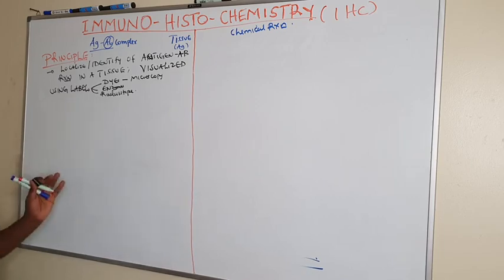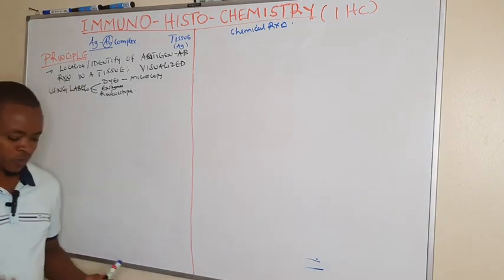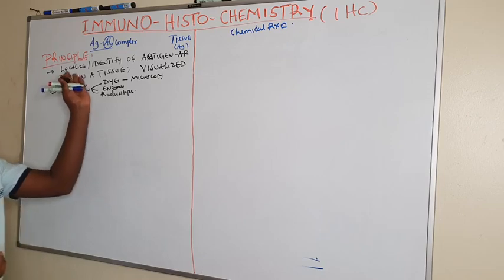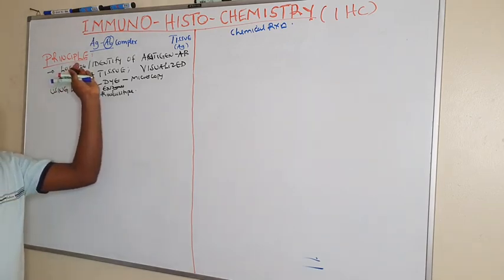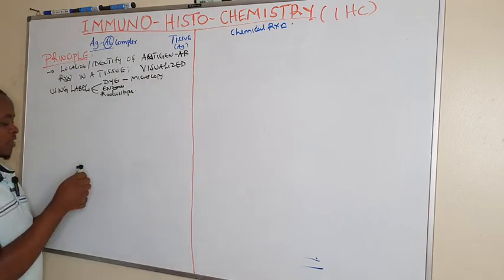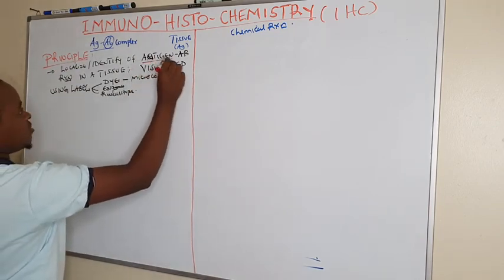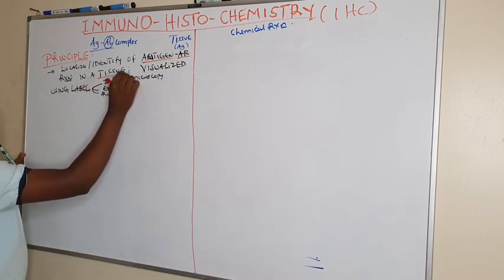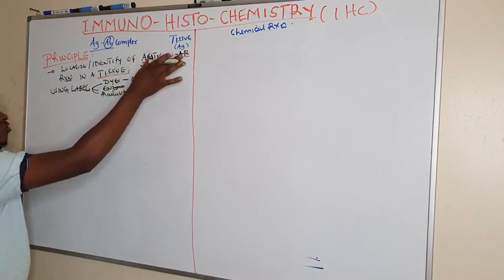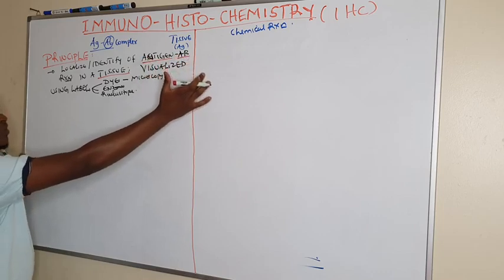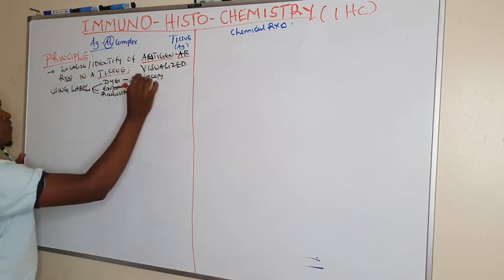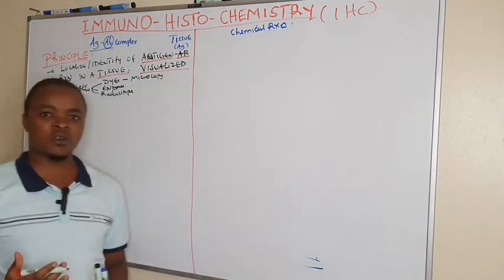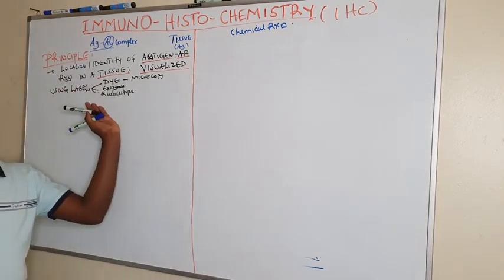So this is the principle behind immunohistochemistry, where we are seeing the identification or localization of antigen-antibody reactions in a tissue. After it is incubated to come up with these antigen-antibody reactions, these reactions are visualized or are seen using different chemicals, which we are mentioning here.